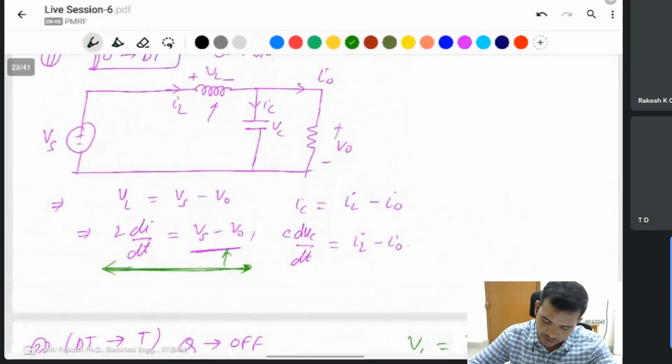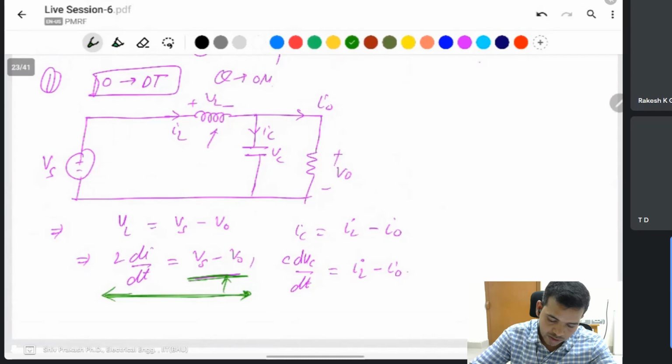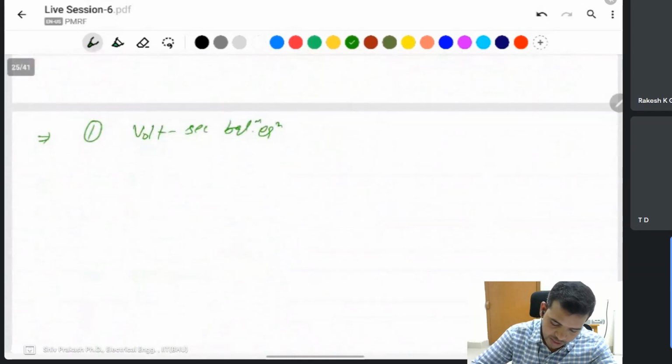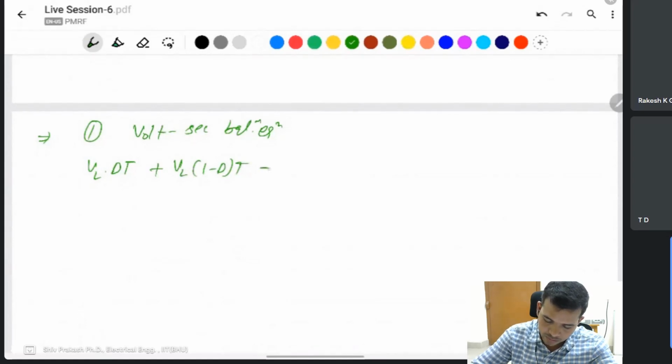And what will be the average of this one? When the switch is on, dT is the time present. Then you can say VL at dT time plus VL when the switch is off, 1 minus D, will be 0.